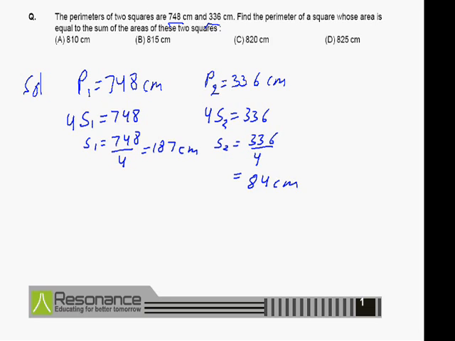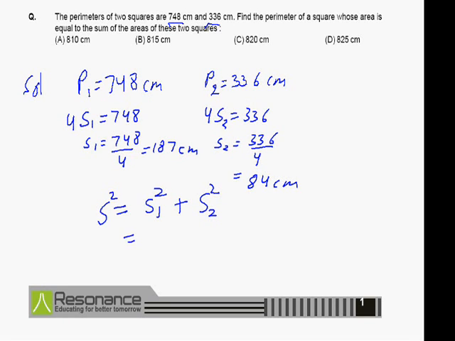Now we have to find the perimeter of a square whose area equals the sum of the areas of these two squares. Let the side of this square be S, whose area S square equals the sum of the areas of these two squares, that is S1 square plus S2 square.